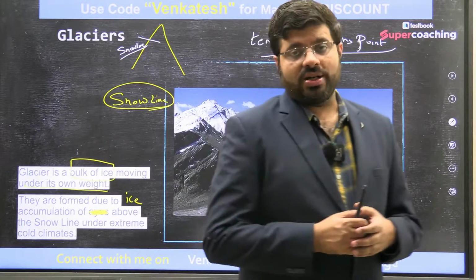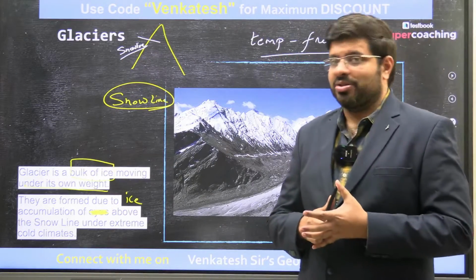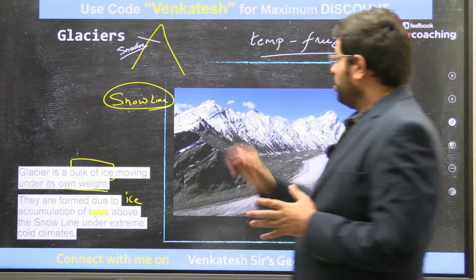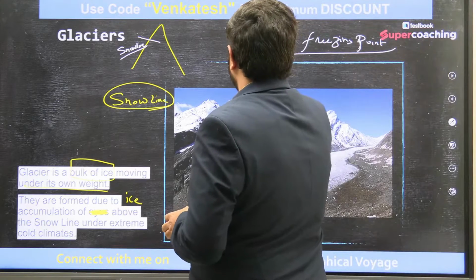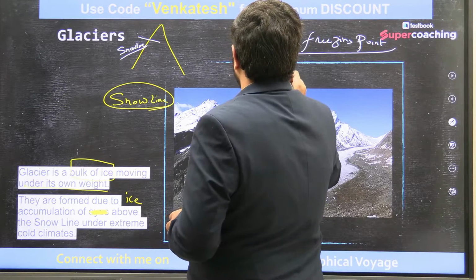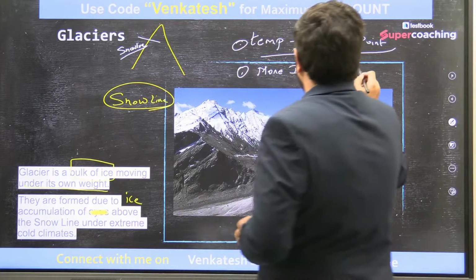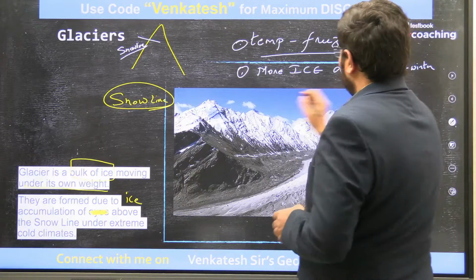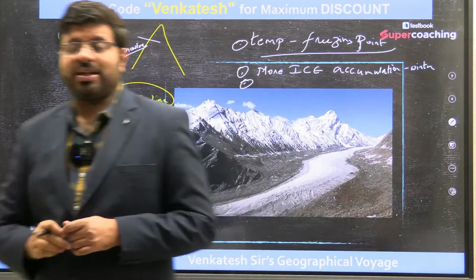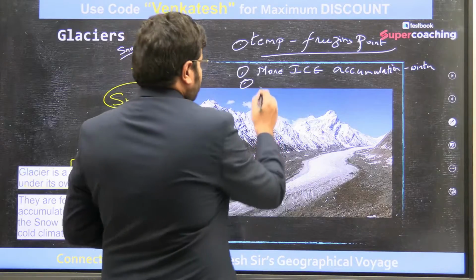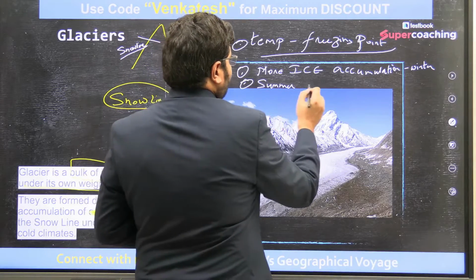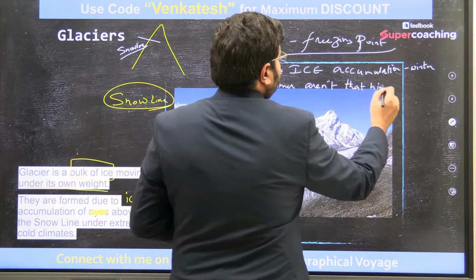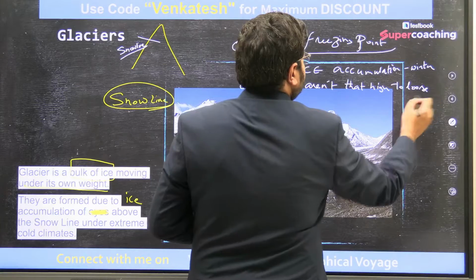Climatologically, we need ice accumulation in winter. Third, summer temperatures should not be so high as to lose the entire ice.